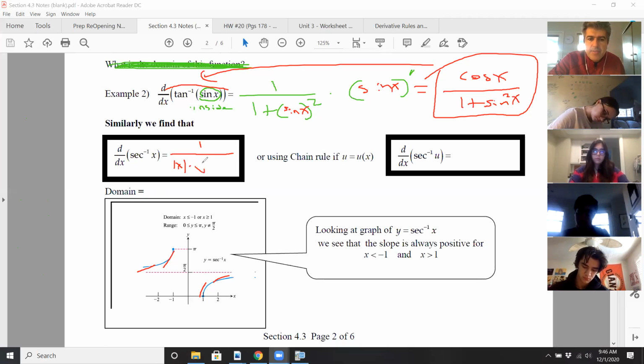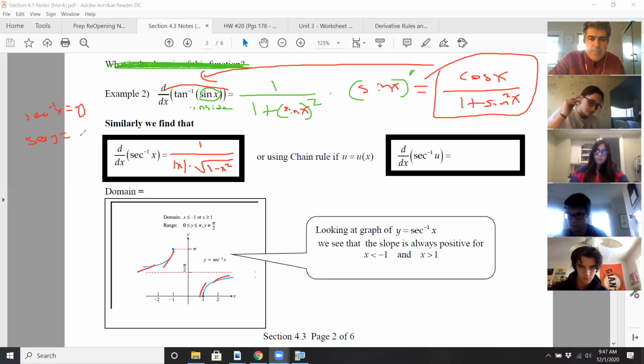Absolute value of x times root of 1 minus x squared. I mean, we are dealing with inverse secant, just so you know, inverse secant of x equals y. So secant y equals x. And if you were to draw a triangle, here's y, but then it's secant, so that's x and that's 1. So it's reversed.